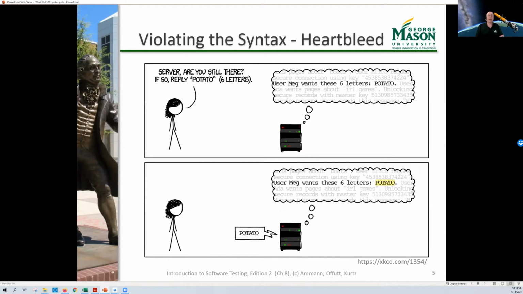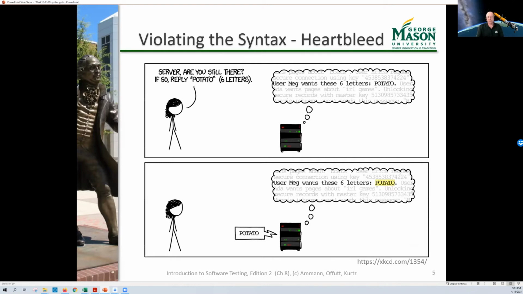So if we look at an example that's kind of related to fuzz testing, the Heartbleed bug was a big deal a few years ago. Basically, the way Heartbleed worked was that it was a status query. You could send a status query, and you could give it a string to return and tell it how long the string was.